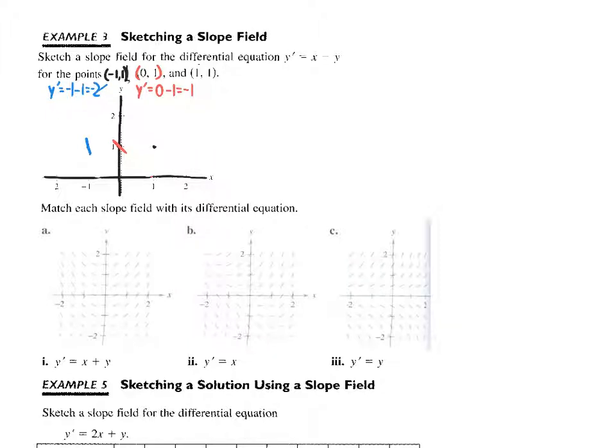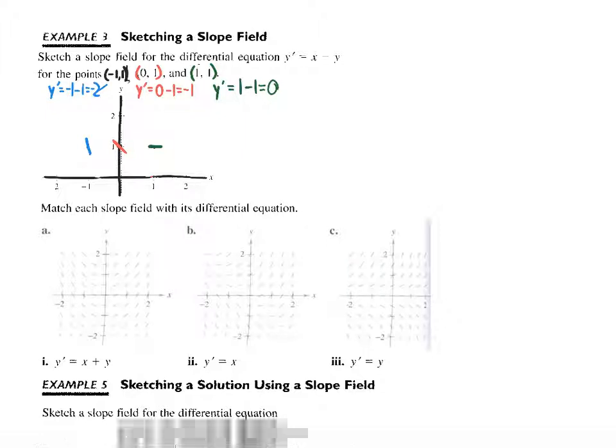And then how about for the point 1, 1? y prime equals 0. Okay, so here it's going to be horizontal. And that's all you have to do. These are so easy, they're hard if you overthink them, okay? So that's all there is to it.